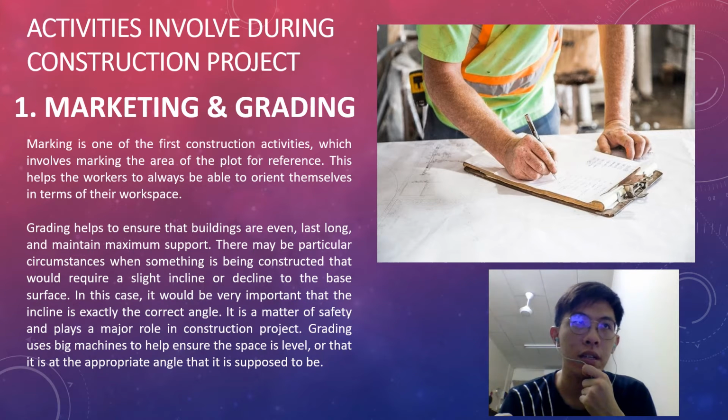In this case, it will be very important that incline is exactly the correct angle. It is a matter of safety and plays a major role in the construction project. Grading also uses big machines to help ensure the space is level or that it is at the appropriate angle that it is supposed to be.